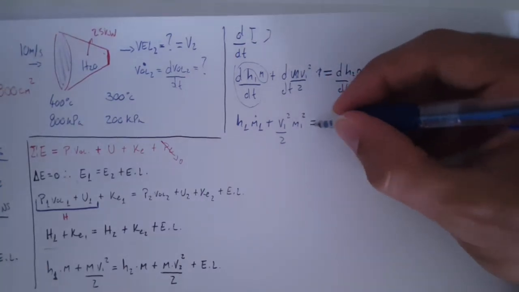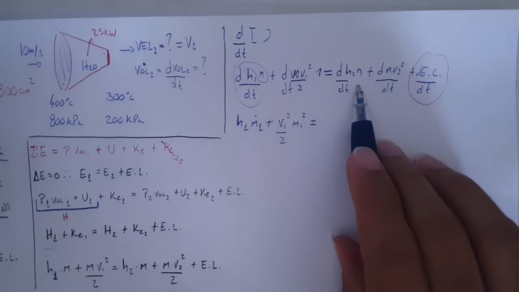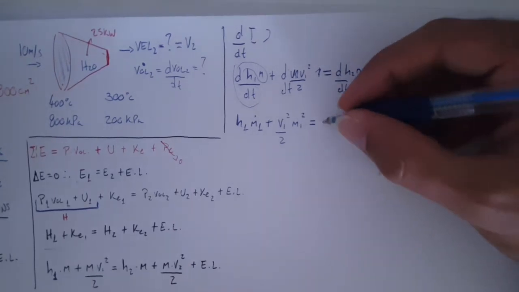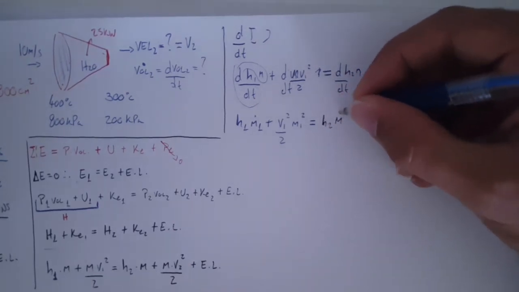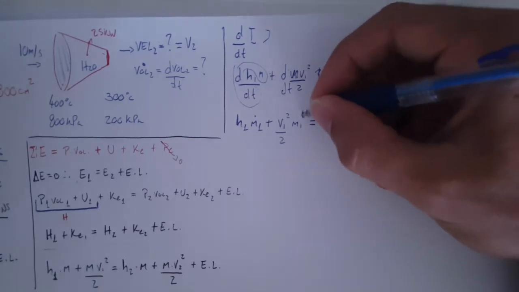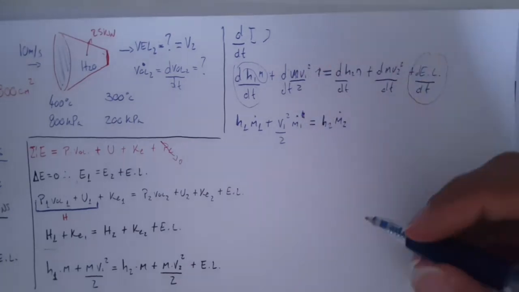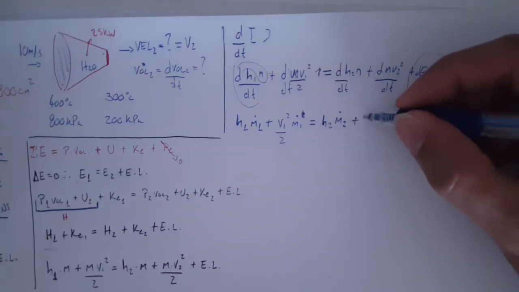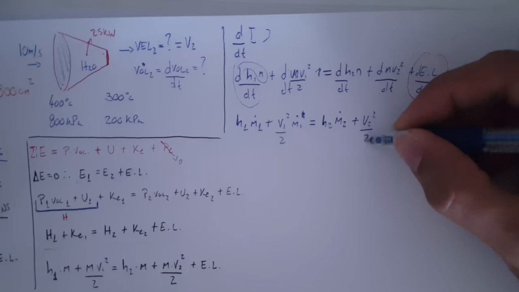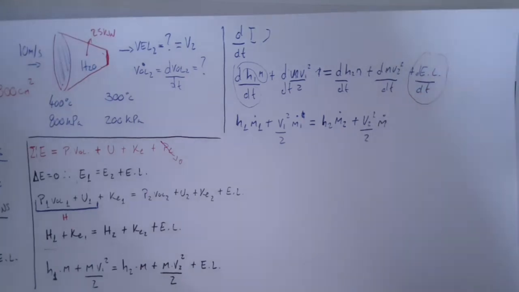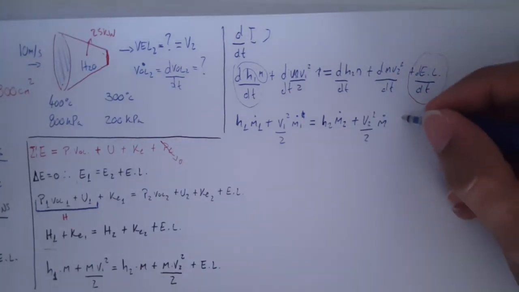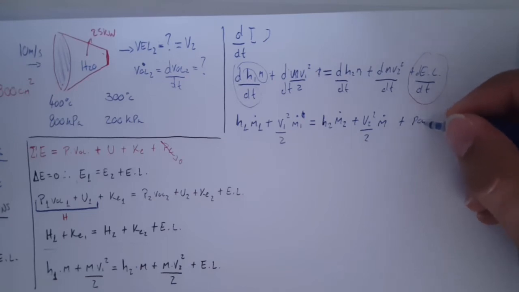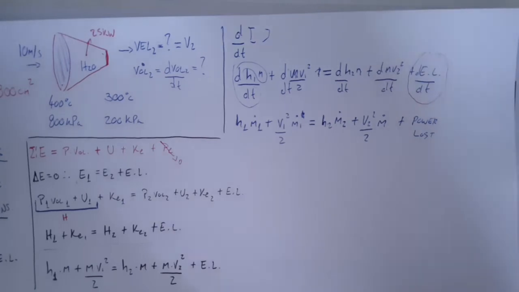On this side here, h2 times mass flow rate 2. And on this side, I'm going to have v2 squared over 2 times mass flow rate 2. And over here, now I have power lost, so P_L instead of E_L now. Cool.